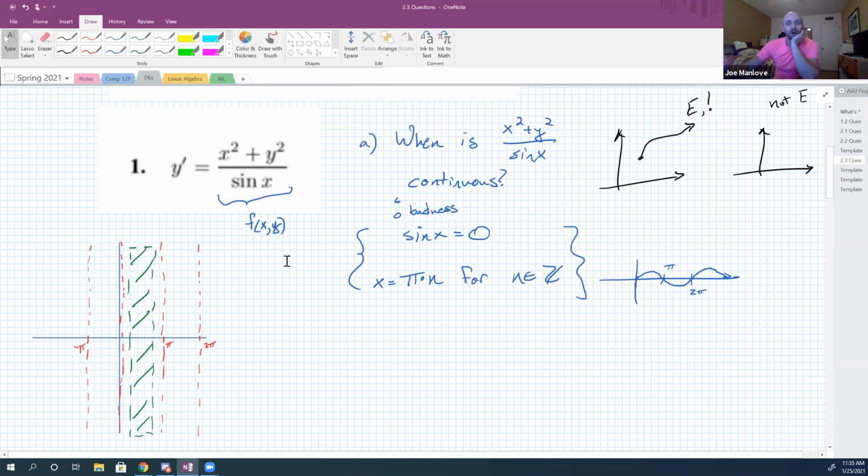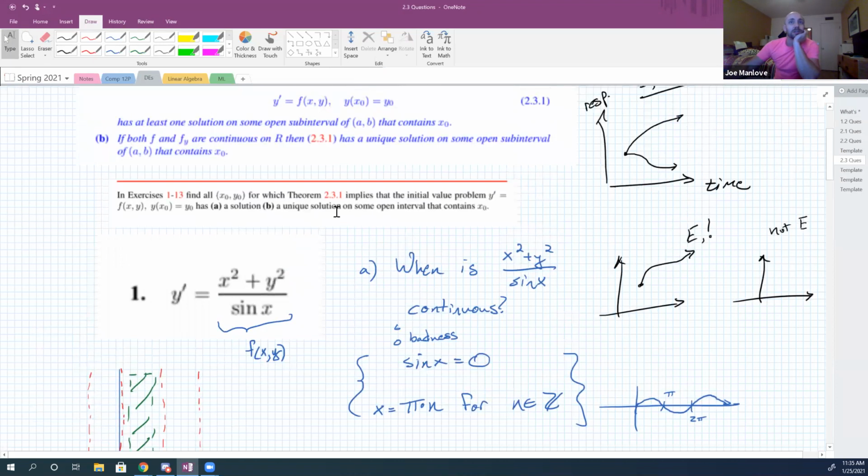Now for the second part of this, let me actually answer that question. I'm supposed to find all the x naughts and y naughts for which theorem 2.3.1 implies that the initial value problem has a solution, right?